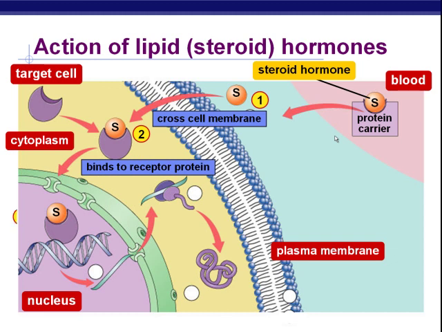Why do we want to get it in the nucleus? Well, as I mentioned, these things often act to activate genes. Our goal here in this case is going to be to create a protein, and because this hormone is going to go into the nucleus and affect the DNA, we are going to end up causing the DNA to undergo transcription and to create a protein.